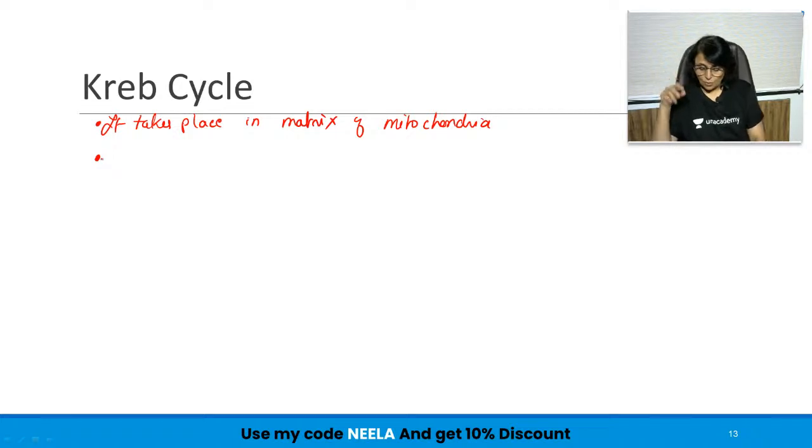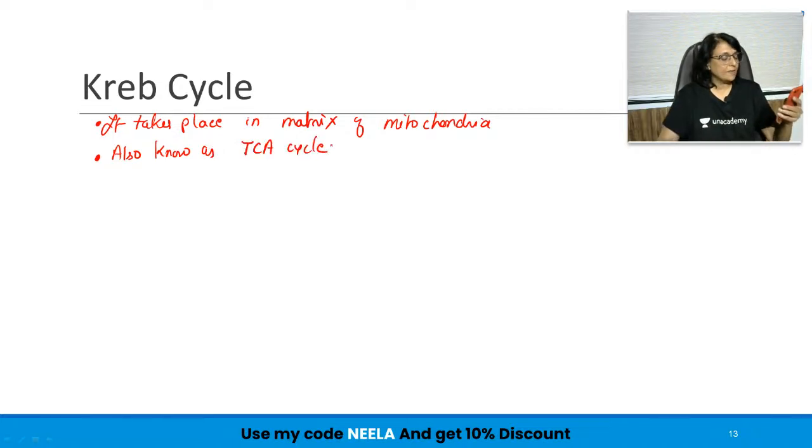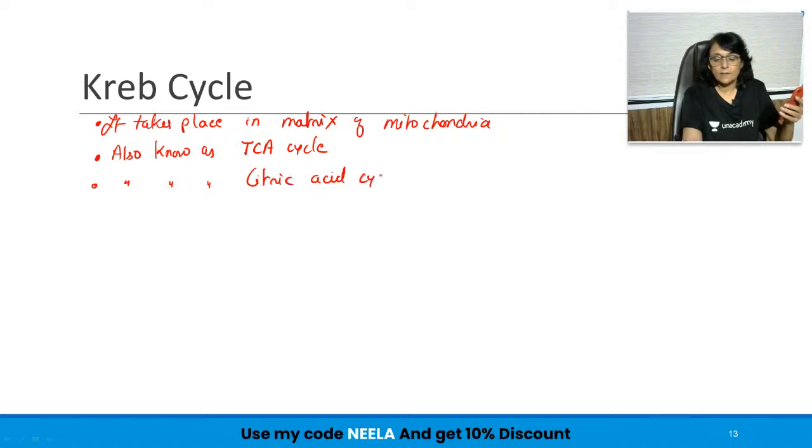Kalai is writing no. I think for that you did not try to revise or draw that cycle, I guess. Ayush has also joined. Hello, Ayush. Okay. It is also known as TCA cycle. Ayush has given the example TCA, also known as citric acid cycle.